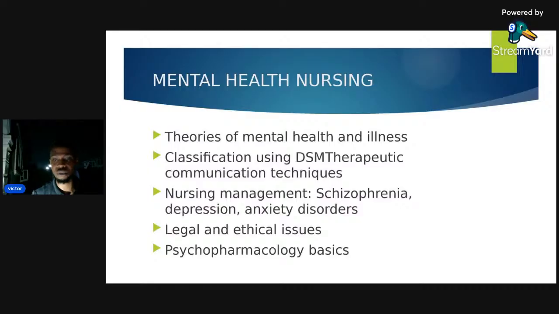For the antipsychotic drugs, we have first generation antipsychotics and second generation antipsychotics. For first generation antipsychotics, they observed that they have a lot of side effects, which they call extrapyramidal side effects. One of the symptoms of extrapyramidal side effects is drooling, that's drooling of spit.